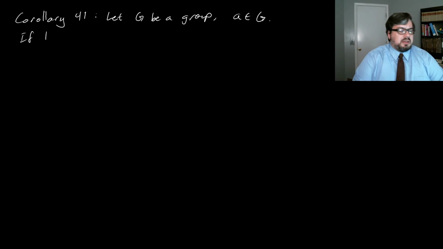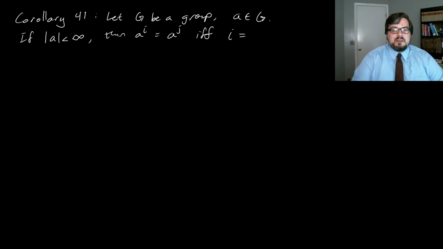So, corollary 41 says let G be a group and A an element of G. If the order of A is finite, then A to the I equals A to the J if and only if I equals J. Sorry, I miswrote here.